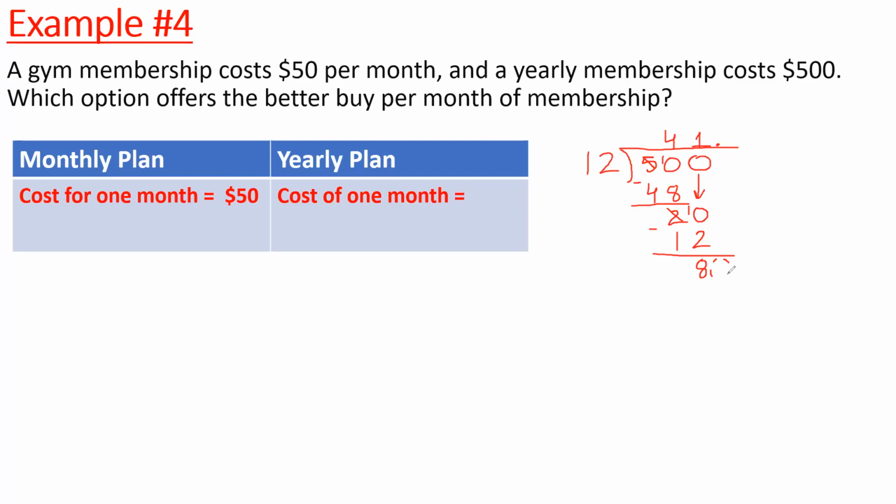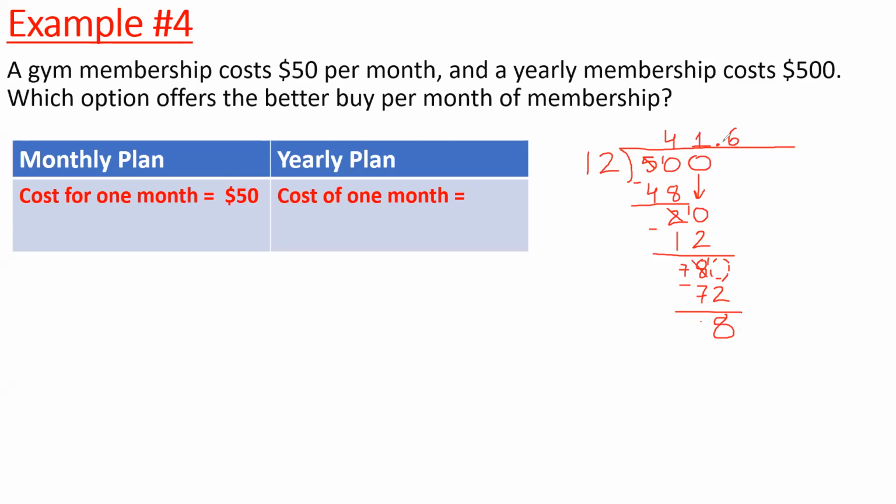So how many times does 12 go into 80? 6. 12 times 6 is what? 72. 80 minus 72 is 8.